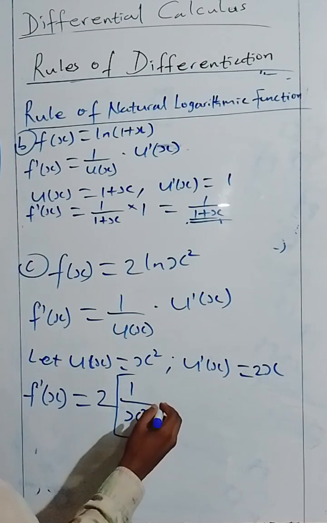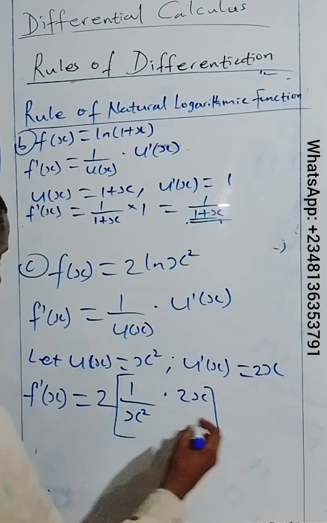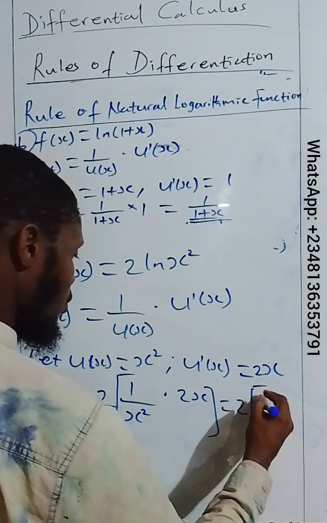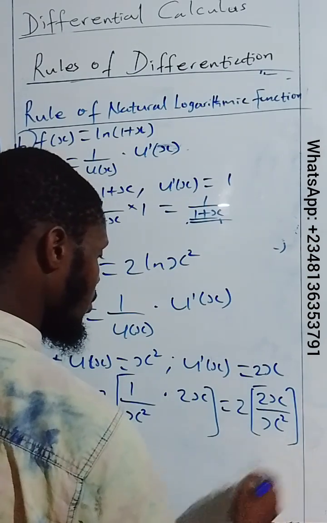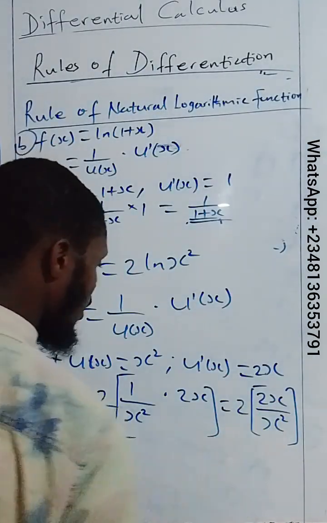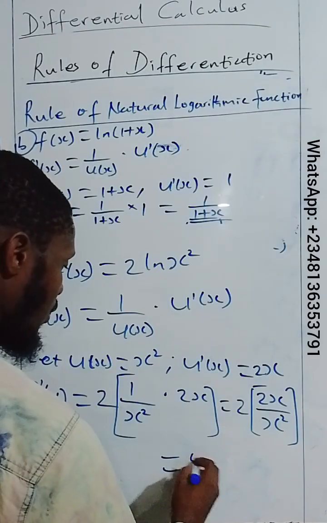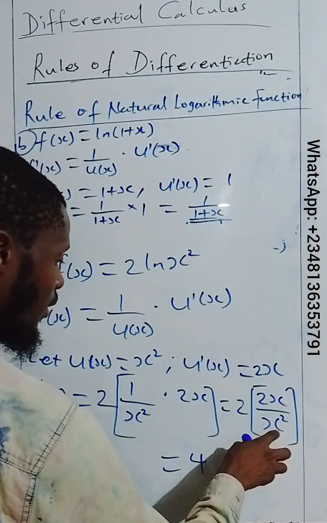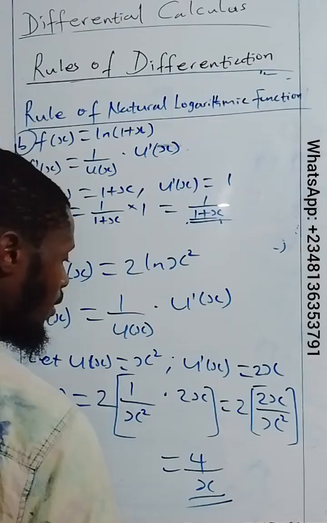Then multiply by the derivative of u of x, which is 2x. So here we have 2 times 2x divided by x squared. You have x here and x squared here. 2 times 2 gives you 4. Then one x goes away and it remains 1 x here. So we have 4 over x, which is our final answer.